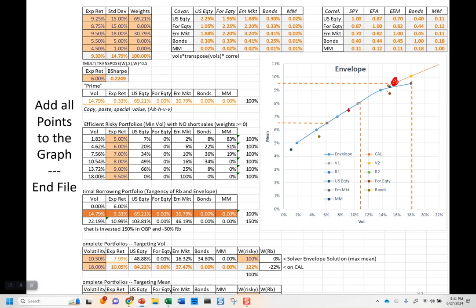Whoops, 9.5 would be on the envelope. That's right there. And the other points are shown also. So this is how you target an optimal combined or complete portfolio using leverage and borrowing.